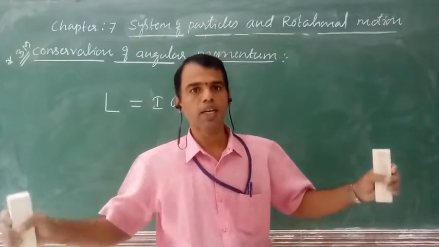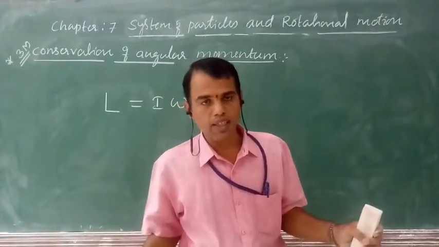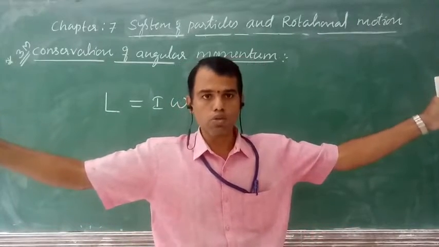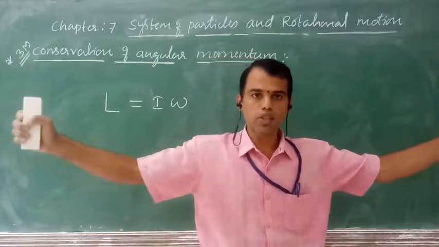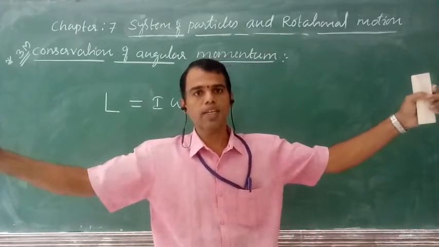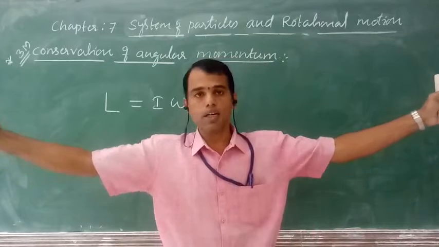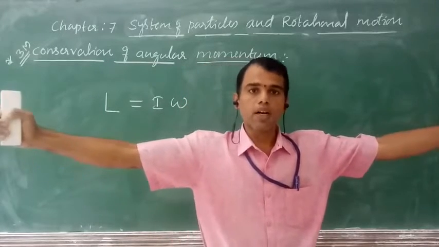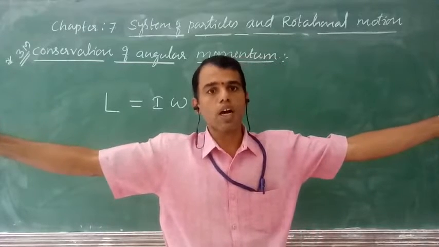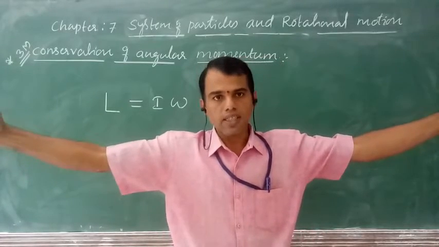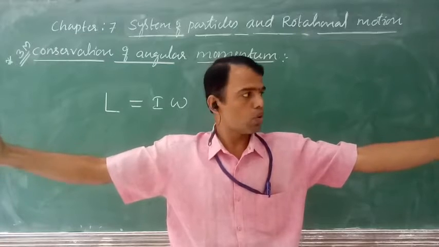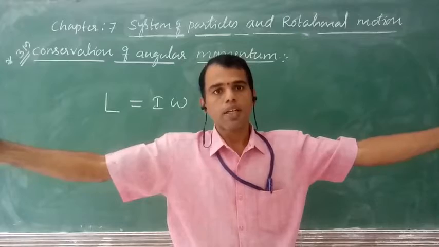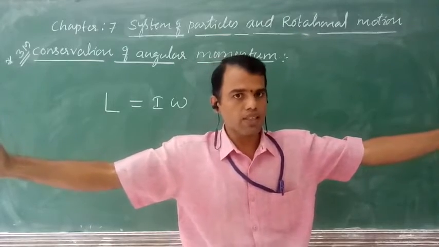Initially, the chair is rotated such that both her arms are outstretched, holding masses in her hands. Because both arms are away from the axis of rotation, the moment of inertia is very large.